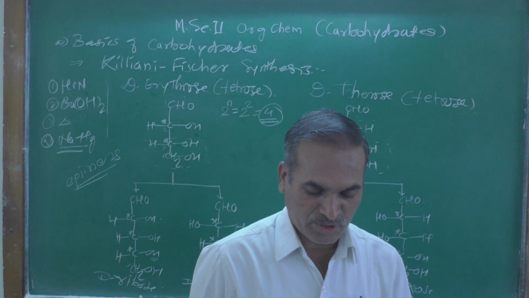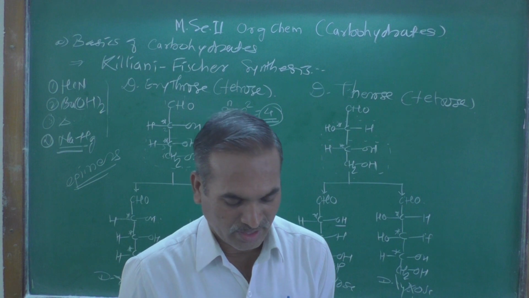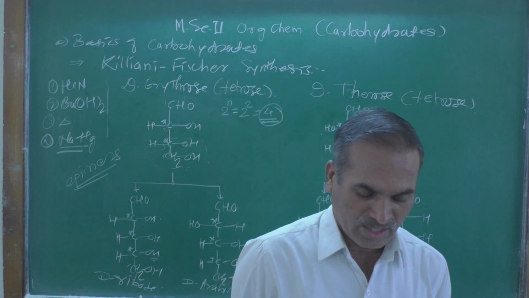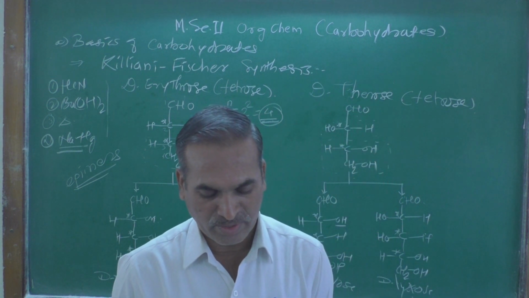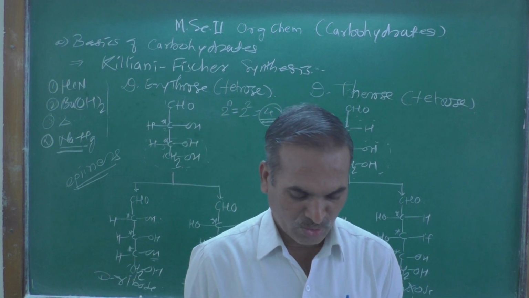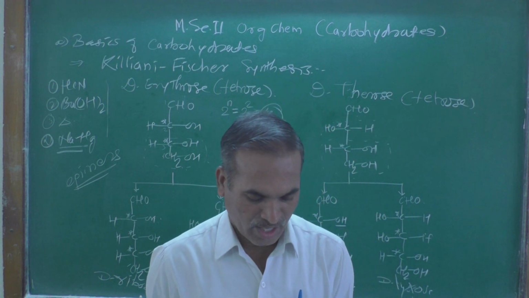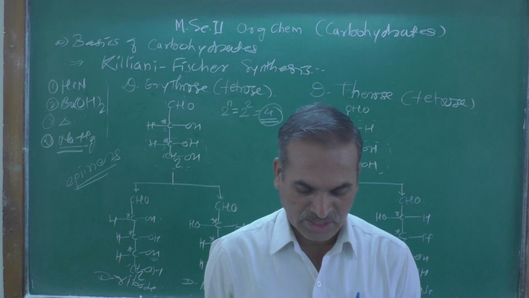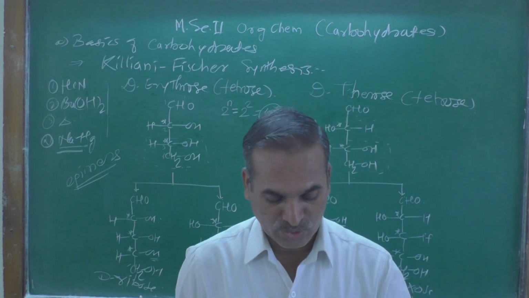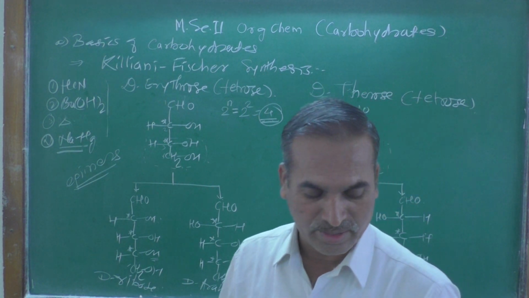So when Kiliani-Fischer synthesis is further continued, we get the following 8 isomers of D-aldohexose from D-erythrose and D-threose, which we have seen just now. We got D-ribose, D-arabinose, D-xylose and D-lyxose. So these are the parts we have seen over here.